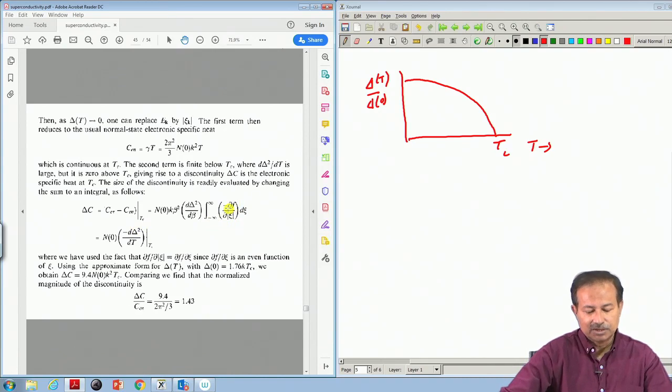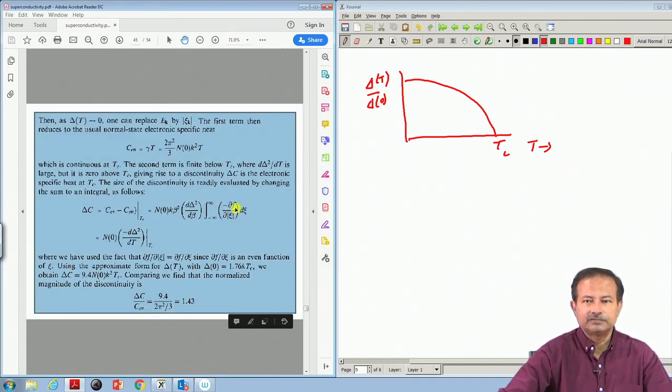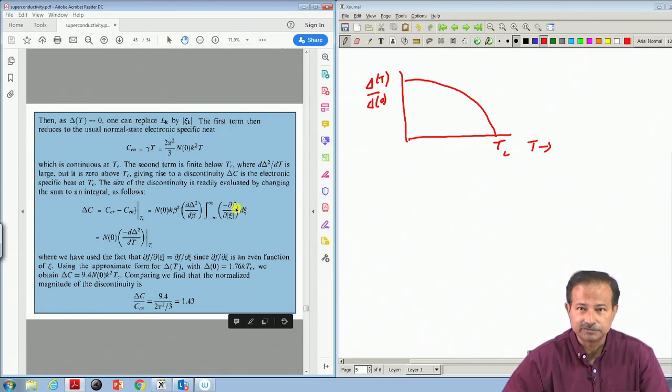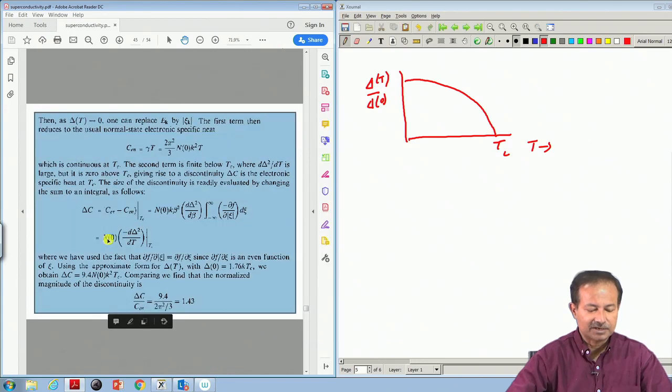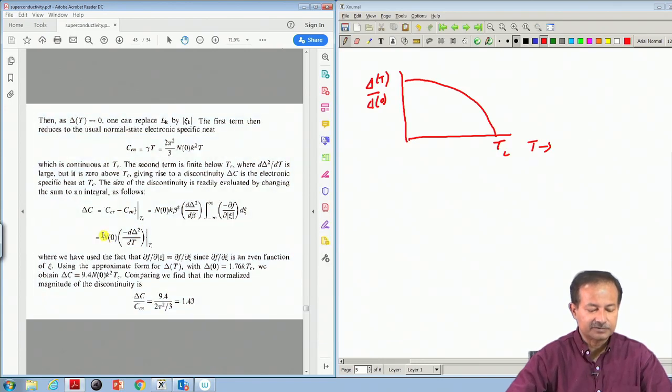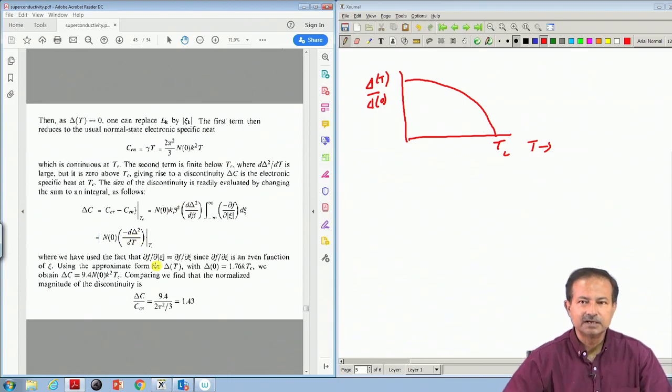This, of course, we know how to use. The derivative of the Fermi function is an even function. So, you can just calculate this thing, and this is peaked only around the Fermi level, and then it just gives you n at the Fermi level, the density of states at the Fermi level, and that is exactly what we did in many other cases. Use this as a delta function, and so all you have to do now is basically calculate this.